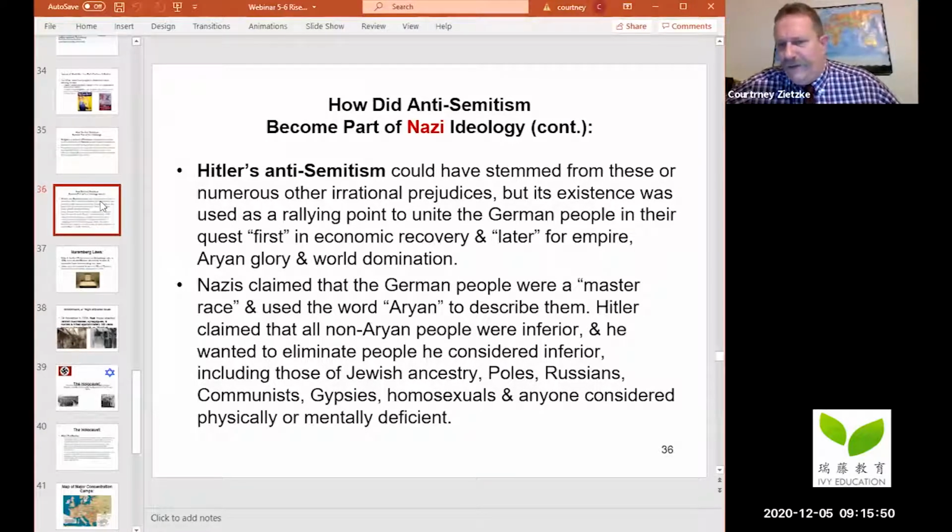The Nazis claimed that the German people were a master race and used the word Aryan to describe them. Hitler claimed that all of these non-Aryan people were inferior, and he wanted to eliminate people he considered to be inferior, including those of Jewish ancestry, Polish, Russians, gypsies, homosexuals, and anyone considered physically or mentally deficient.